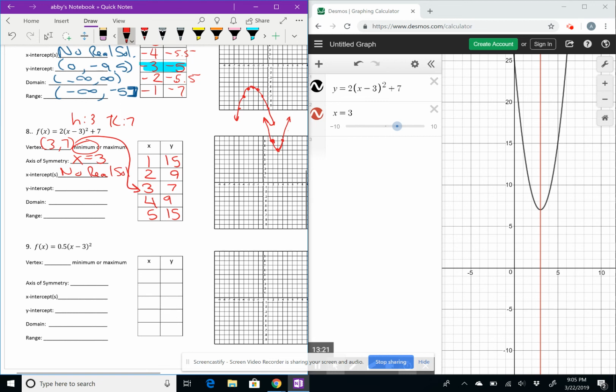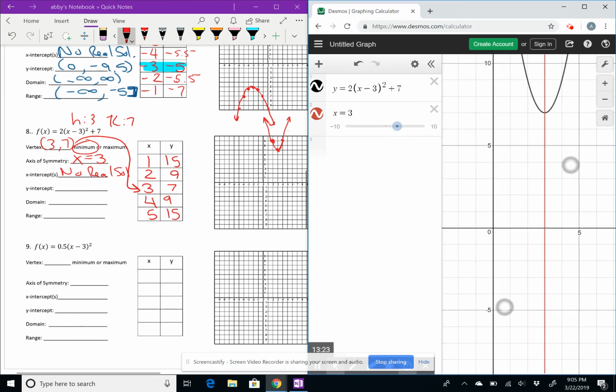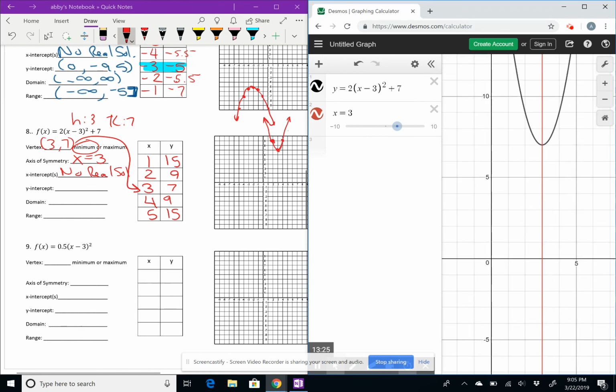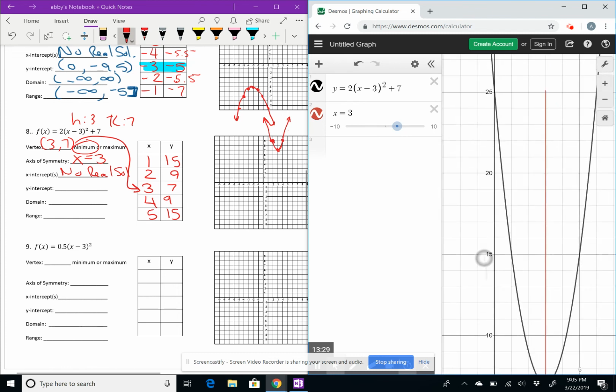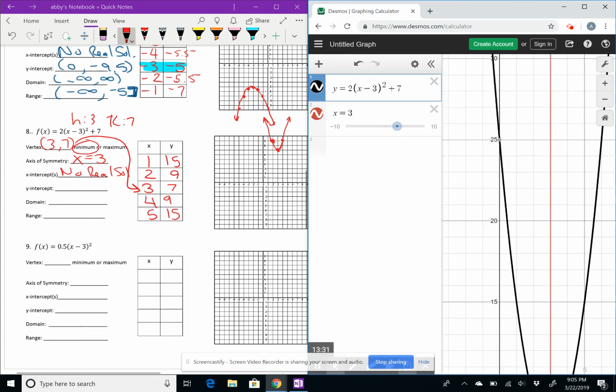Y-intercept. Now, I changed my screen. You couldn't see the y-intercept, but if you move your screen, and remember, if you're with your phone, it's even easier than that. It will tell you it is 0, 25.